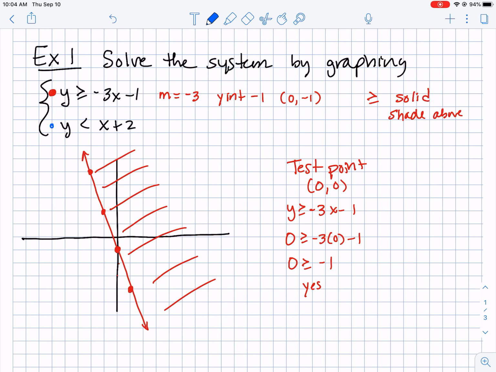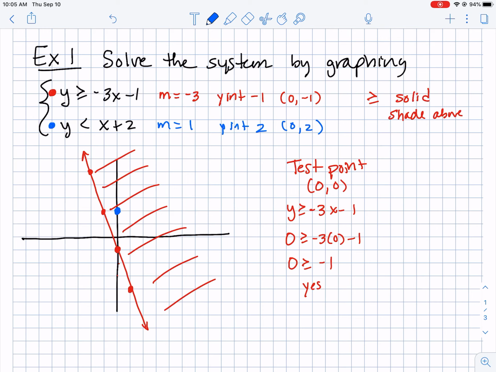The next inequality, y less than x plus 2, I'm going to graph it in blue. So my slope is 1, and the y-intercept is 2. That means I'm going to plot the point 0, 2.